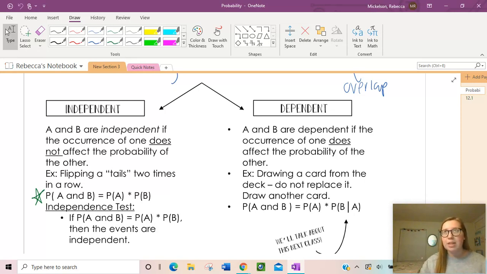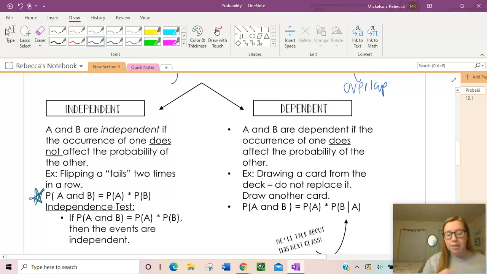Every time you flip it, the probabilities are not changing. It's still a 50-50 shot no matter what. And the big idea is when you have two independent events and you want to find the probability of the first event and then the probability of the second event, so probability of A and B happening back to back, you just take their probabilities and multiply them together. That's going to be kind of like our formula.